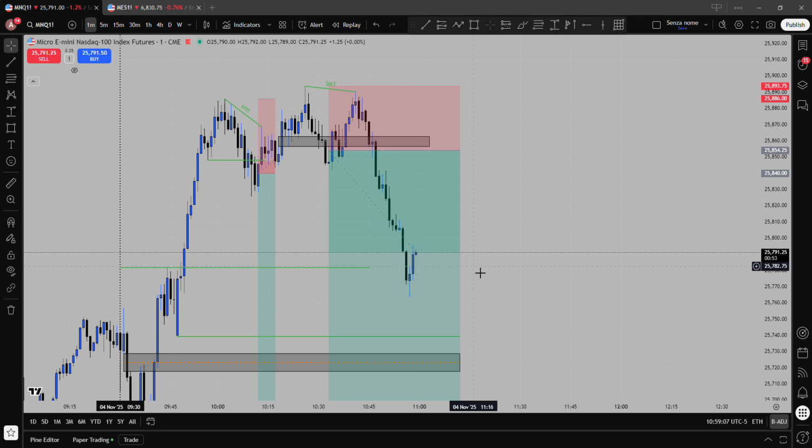If it doesn't, we are basically going sideways, because I don't think the price will recover all the way back, but I don't think the price will finally push all the way there either. So maybe hoping with the PM session, but not too sure about that. We're still at 900 in floating profit right now.